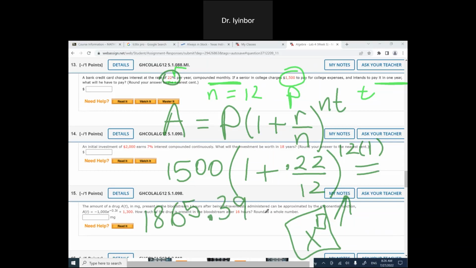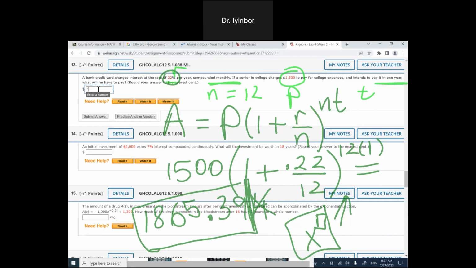Now, because I'm rounding to the nearest cent, I need to see what is the number after 9. After 9 is 4, which is small, so I'm just going to ignore that. And this is going to be my answer. So that's what I'm going to plug in here. So my answer for number 13 is going to be 1,865.39. Okay?